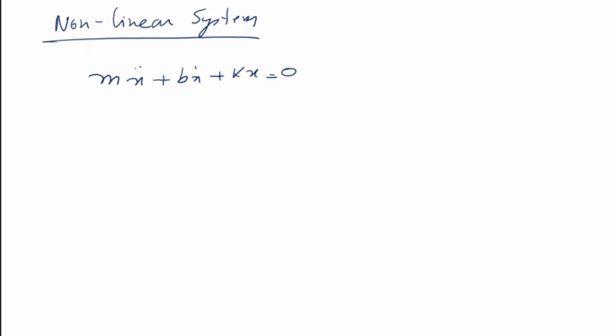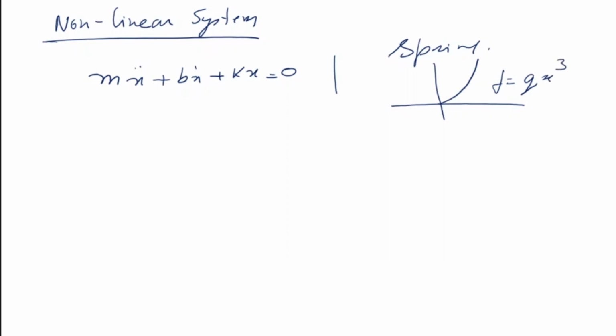Now what we do know is that in the real world, this spring constant, if I draw the graph, will look something like that. The equation would be F is equal to Q times x cubed for a real spring, a nonlinear spring.